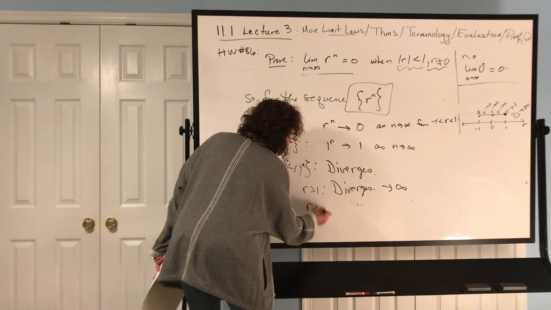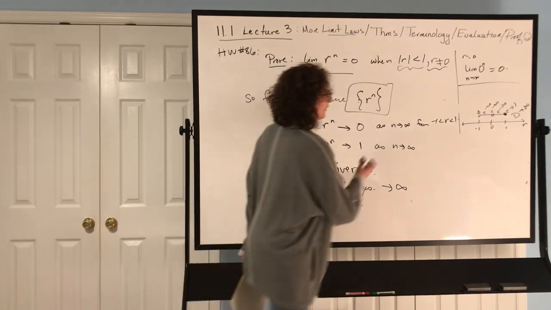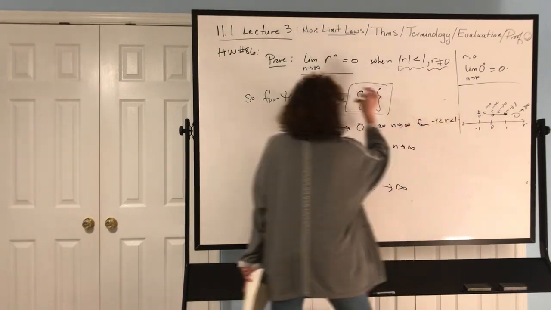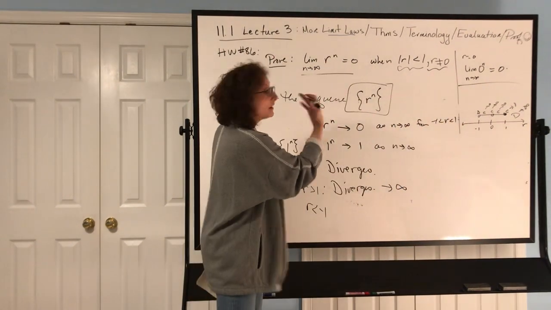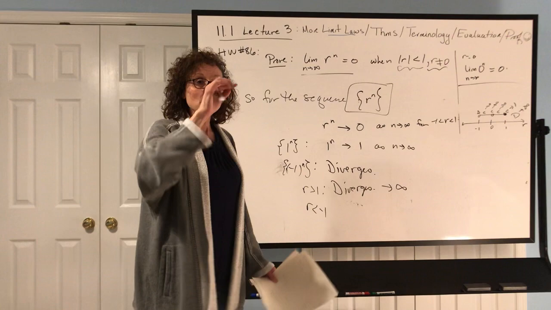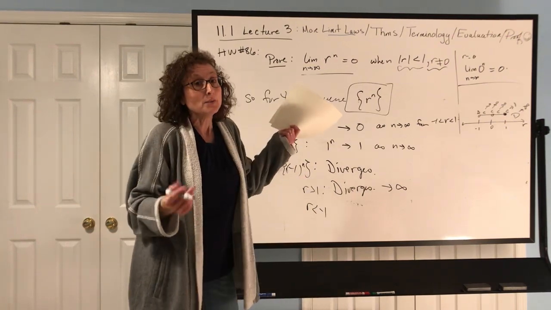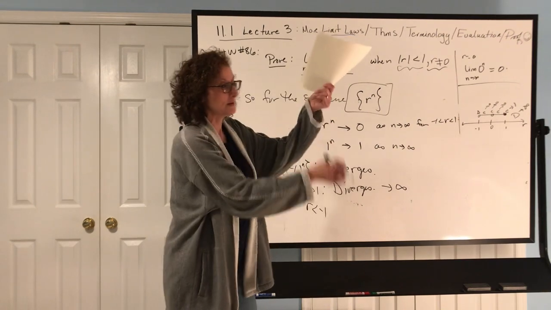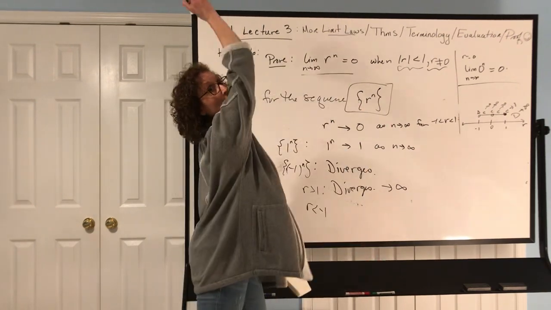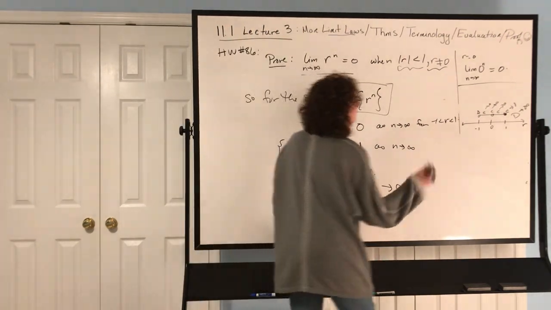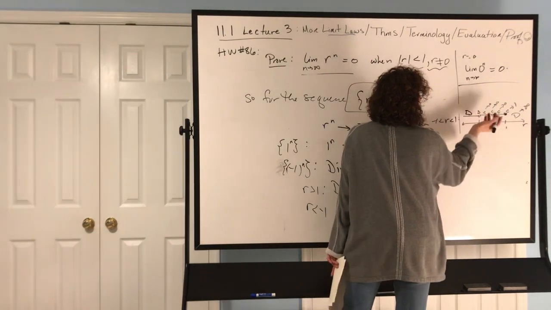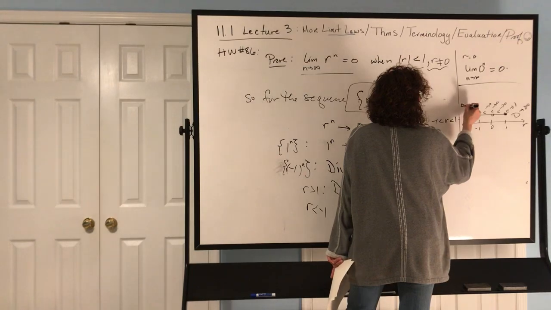And if r is less than negative 1, if I'm a number down here, like negative 2, negative 3, negative 2 to the n, negative 3 to the n, well, then I'm growing unbounded, but growing unbounded by bouncing back and forth between numbers that consistently get bigger and bigger, positive and negative. And so out here we have diverge as well, and it just does not exist.